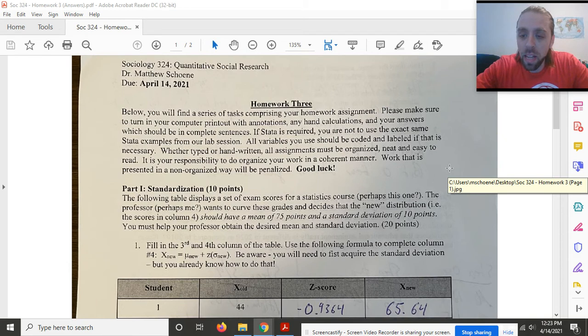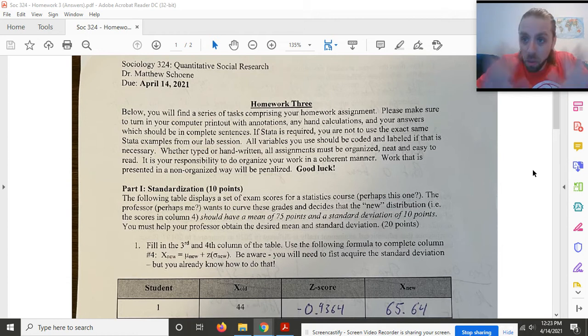Many of you have likely experienced a curve at some point in your academic career, and now I wanted you to see how the curve actually comes together, how the sausage actually gets made, and really make the point that the curve is not really something you always want. Personally, there's this idea that the curve always benefits you. Not always, as you would have seen if you got the right answer.